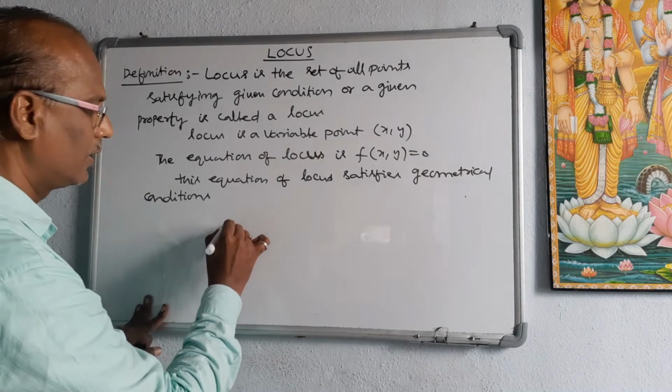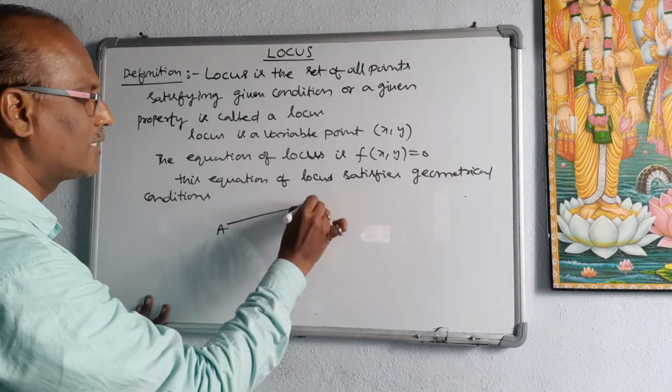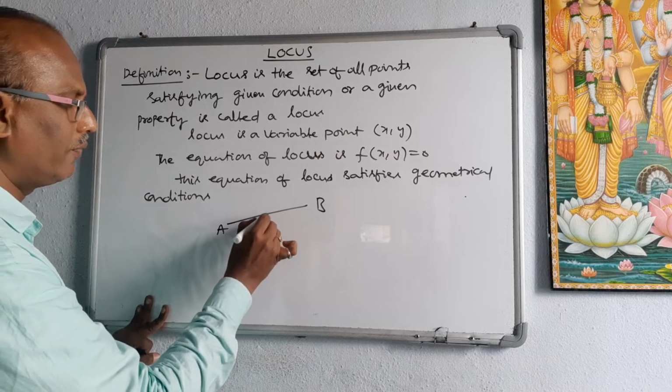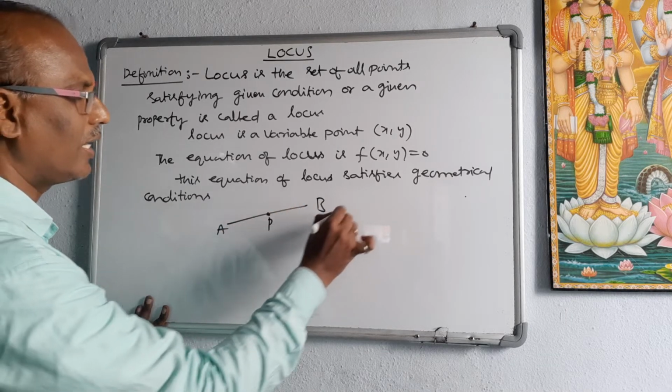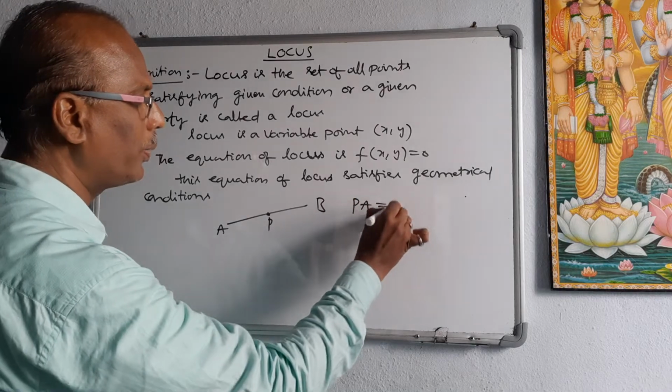For example, AB is a line segment. Here P is the variable point, the midpoint of AB. The given condition is PA equal to PB.